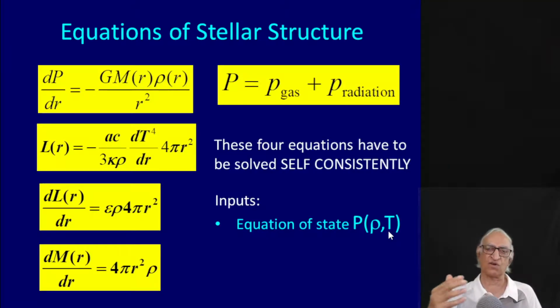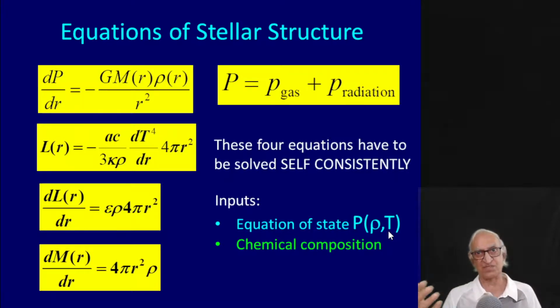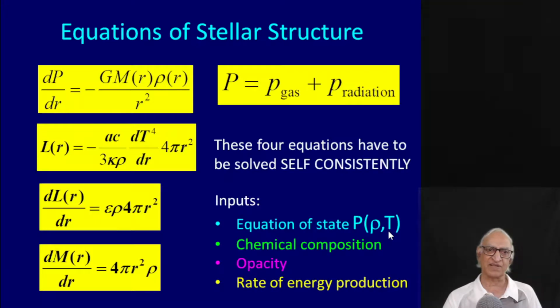It may be Boyle's law, it may be something else. Secondly, you must give the chemical composition, whether it's hydrogen or helium or carbon or their mixture, then how much of each element is present. Then you must specify the opacity, and then you must specify the rate of energy production. If you have these inputs, then you can solve these four equations self-consistently, then you have modeled the star.